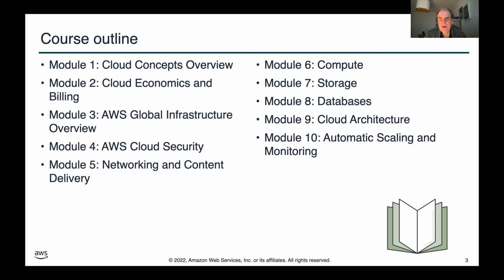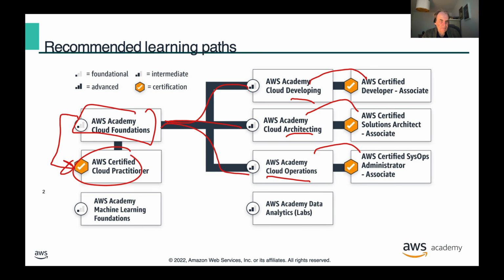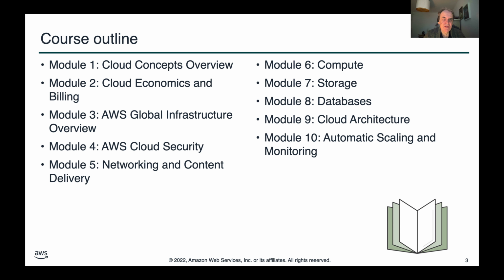So the AWS Cloud Foundations course builds into 10 main units. Overview, billing, onto the global infrastructure around regions and availability zones, through cloud security, a very important module this one for the exam, networking and content delivery, then the core compute, storage, databases, onto cloud architecture and scaling.